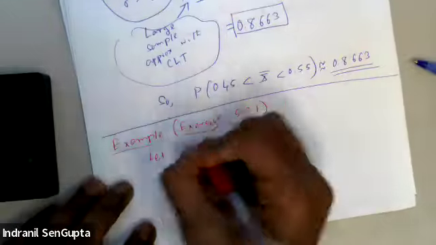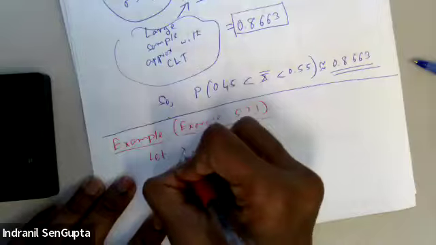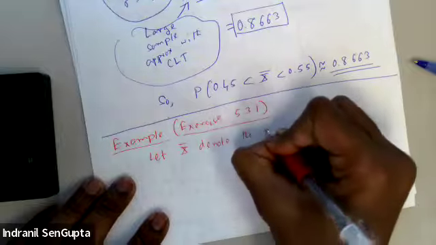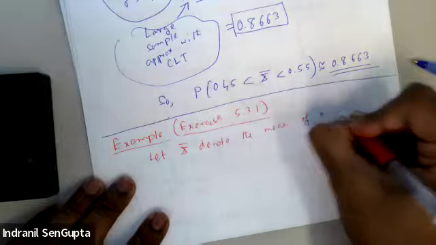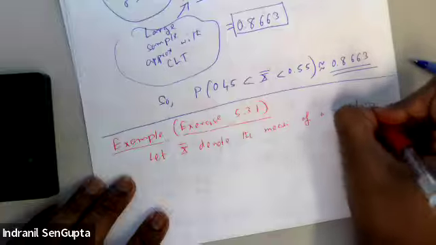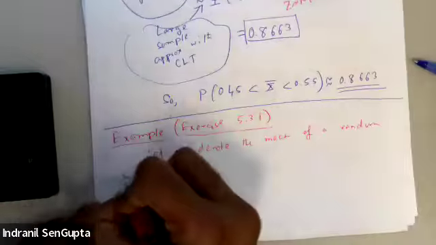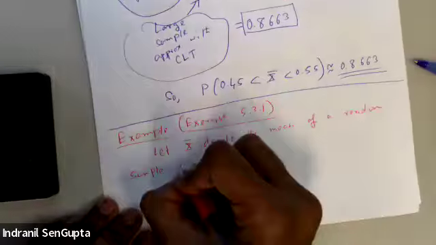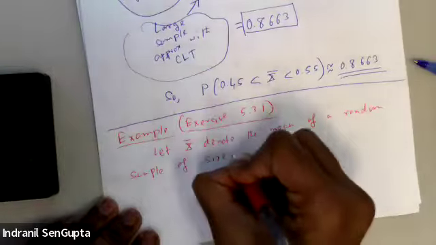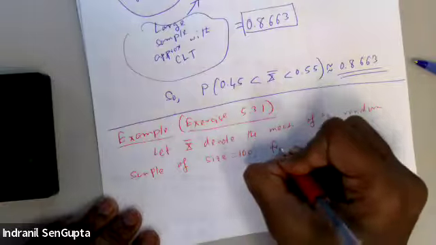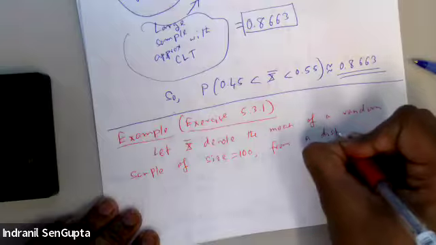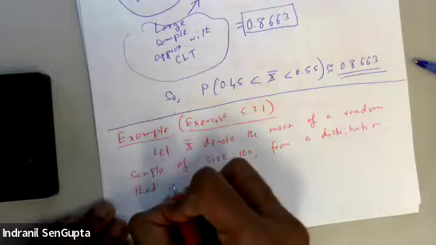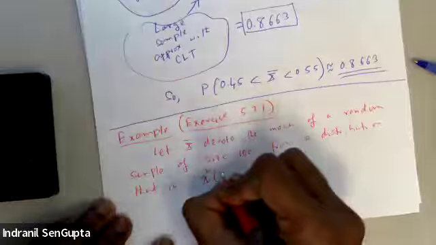Let x bar denote the mean of a random sample of size 100 from a distribution that is chi-squared with 50 degrees of freedom.